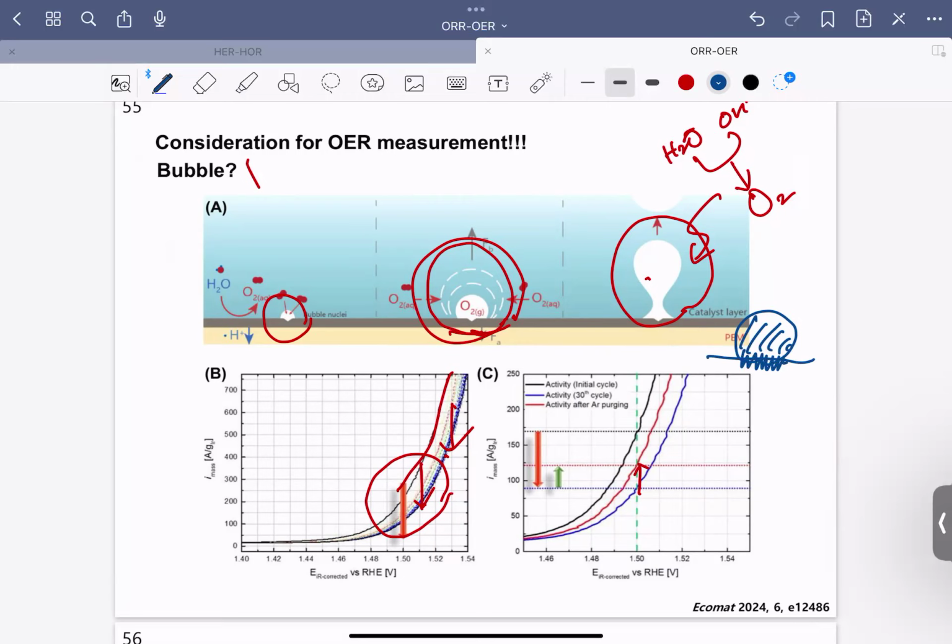So people in general think that when there is a bubble, it just covers the surface, the active site, which means the activity decay comes from a decrease in active sites, which means an increase of the charge transfer resistance, right?